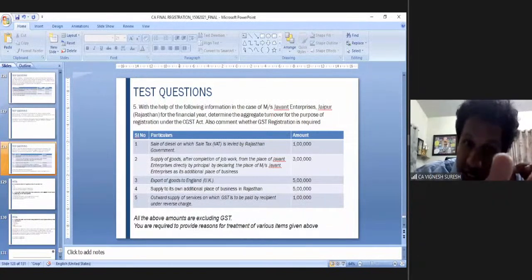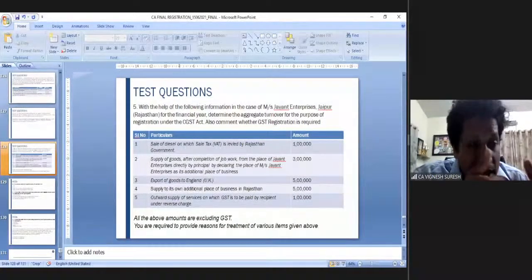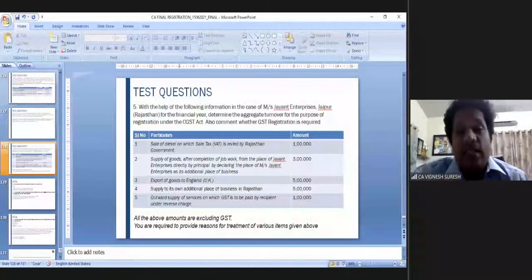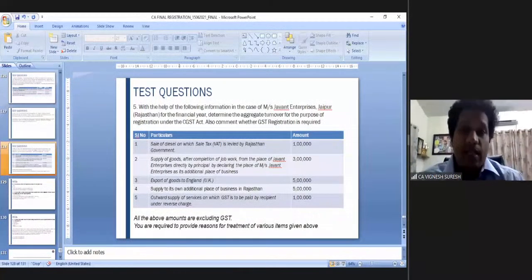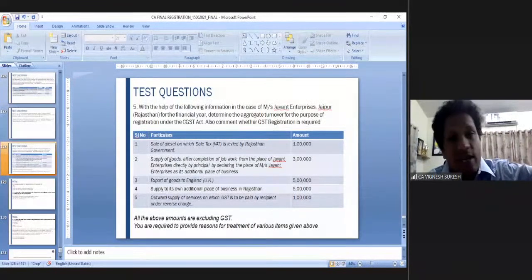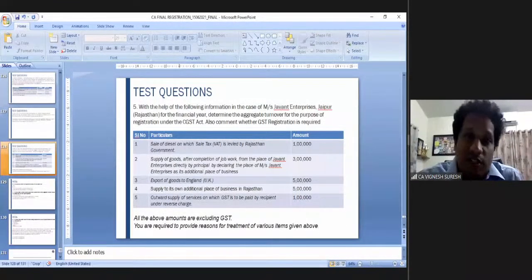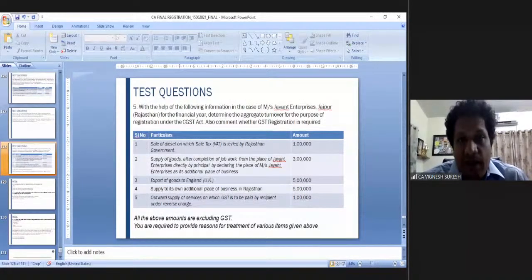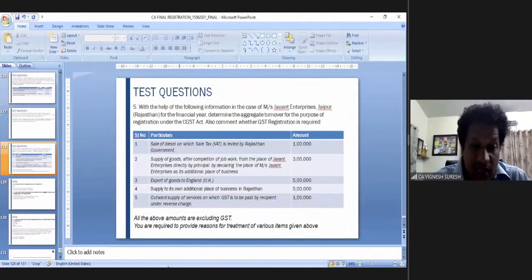If he had 2 registrations and from one registration is supplying to the other registration, then this has to be included in aggregate turnover. But in this case, he has only one registration. From his principal place of business, he's sending to additional place of business. So there is no question of it being taken in the aggregate turnover. So therefore, this 5 lakhs will not come. So 7 lakhs is the turnover and not 12 lakhs.